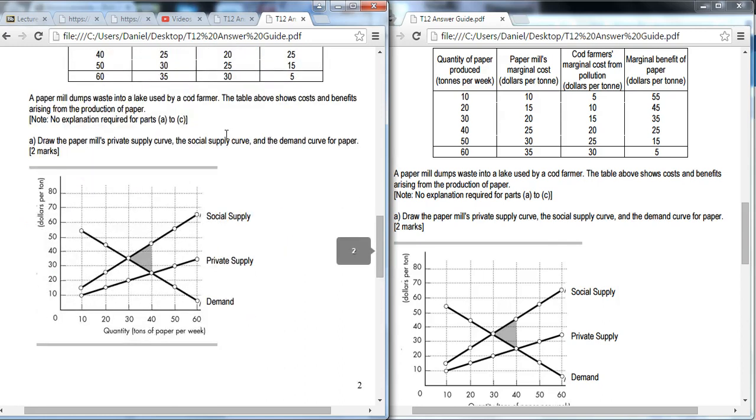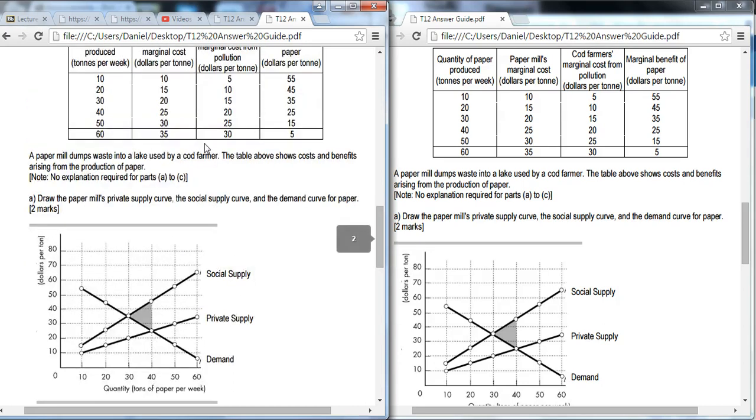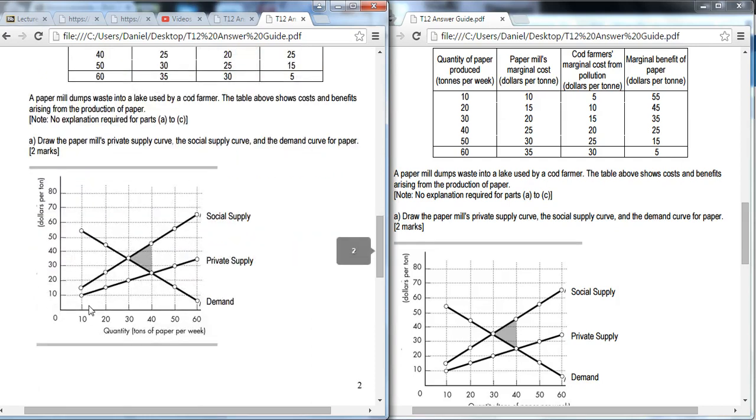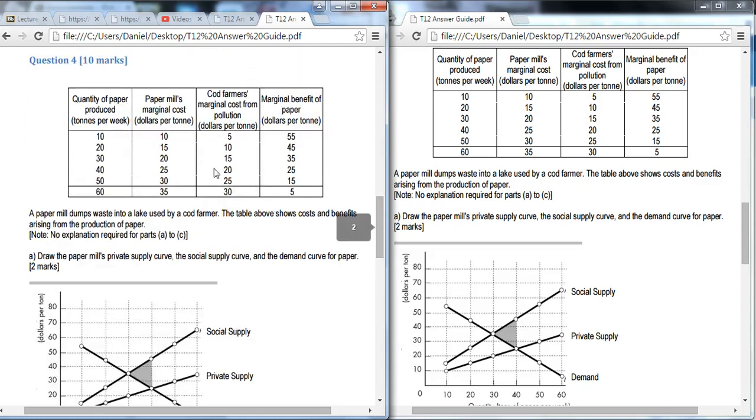All you really have to do is plot those points, making sure that the social supply curve is equal to the private marginal cost for the paper mill plus the private marginal cost for the cod farmers. That's going to get you the social supply curve if you add those two private supply curves together.